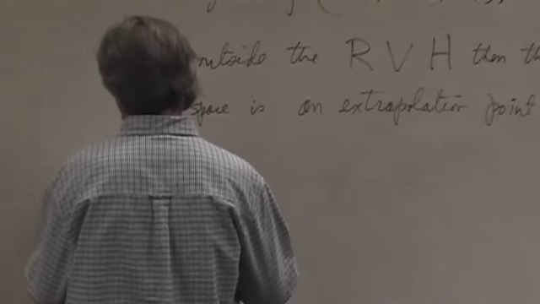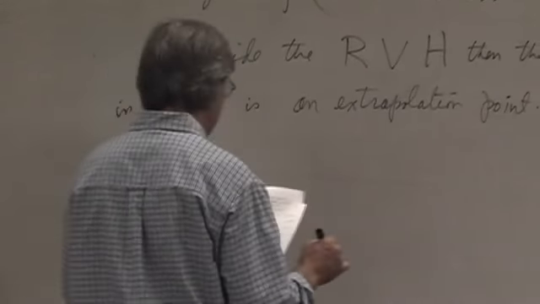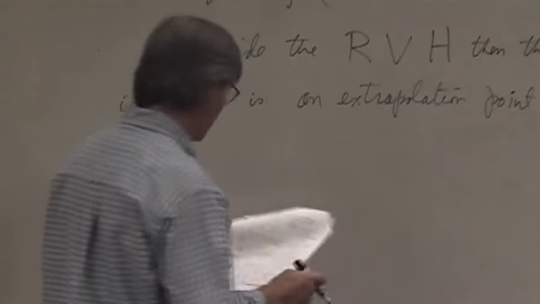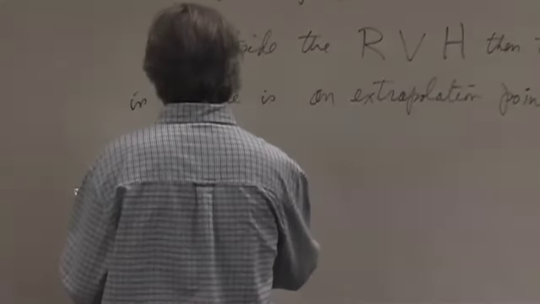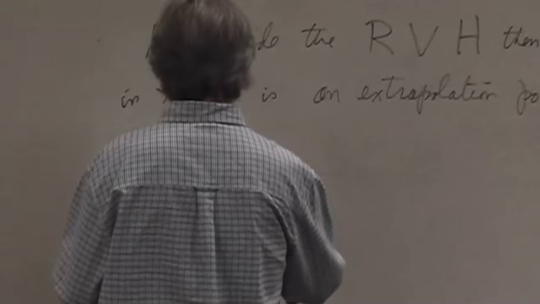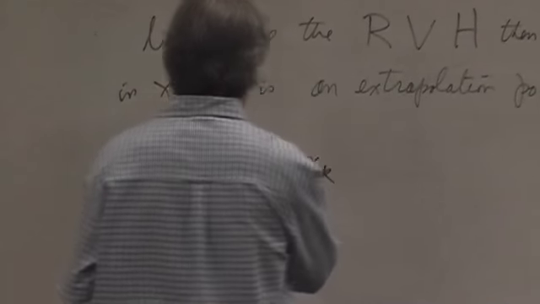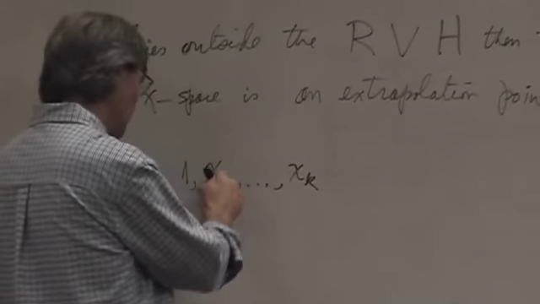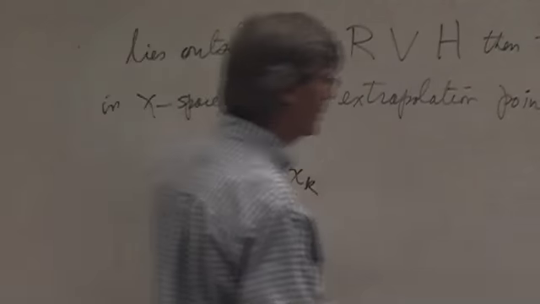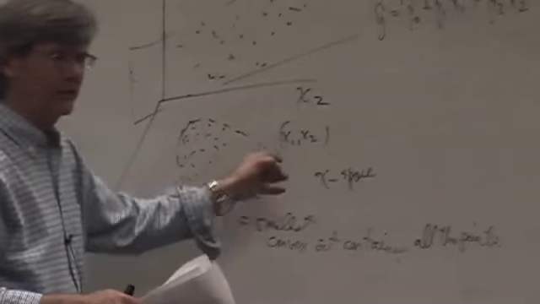Another fact which we're not going to be able to develop, but you may be able to believe. Okay? That if I take the vector 1, x1 up to xk. Now I'm not putting any second index on the x's, so this is just independent variables now, corresponding to the x1 and x2 axes here. Okay?